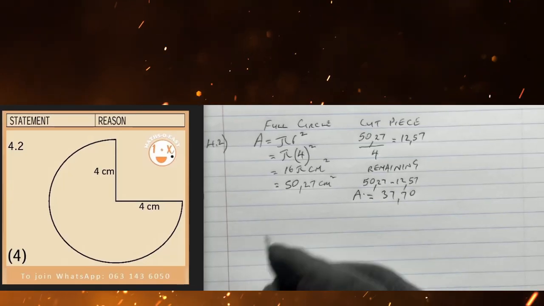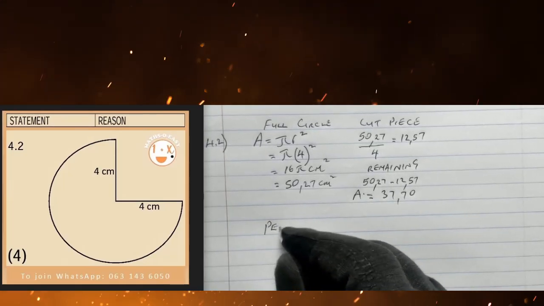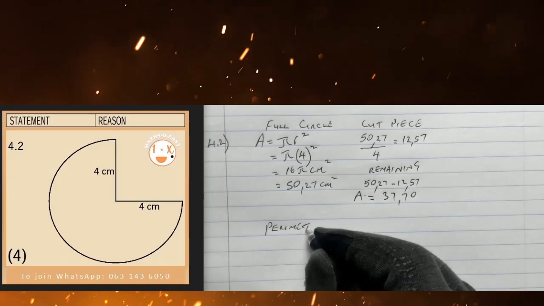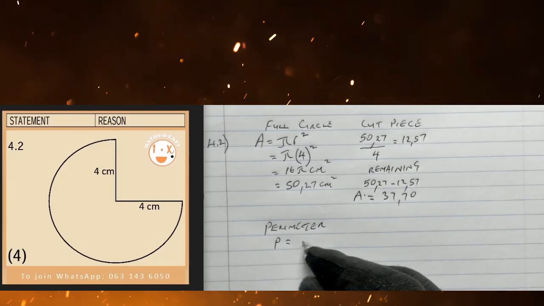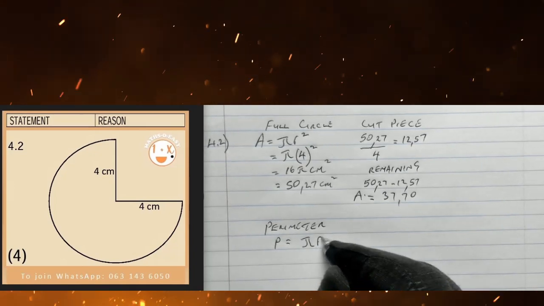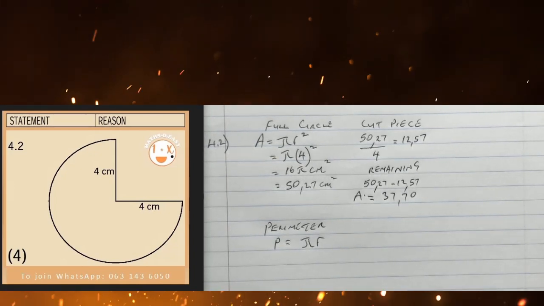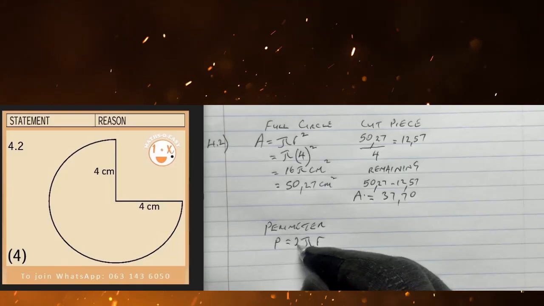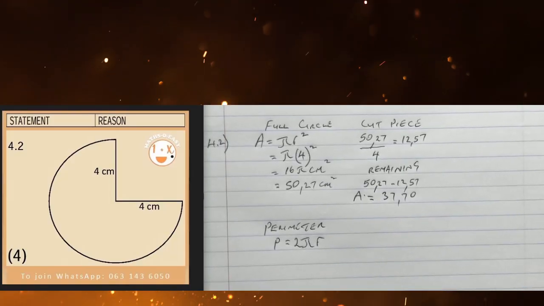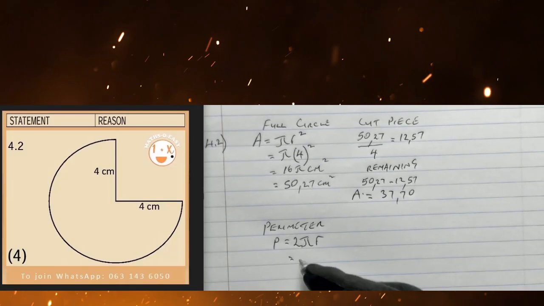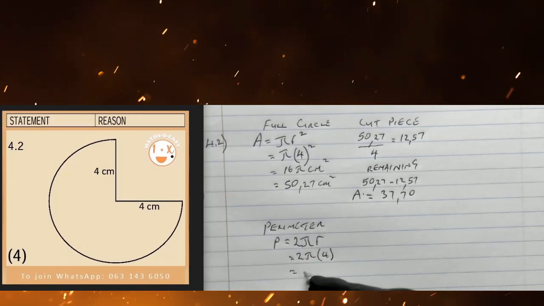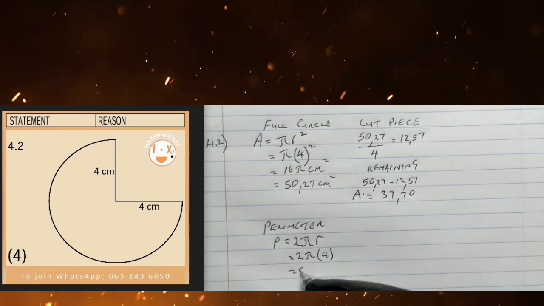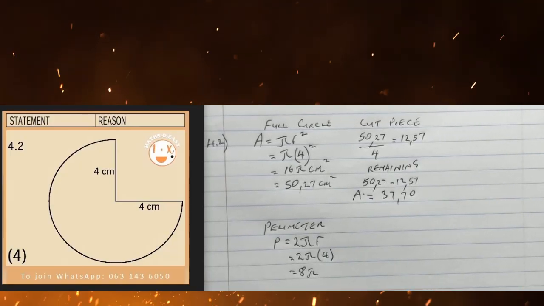Then for perimeter, what do I have? For perimeter, it's almost the same. It is P, and then pi as well, and r. But what happens in perimeter is the 2 comes here. So I will have 2 pi and 4, so it means I'll have 8 pi for this one instead of 16 pi.